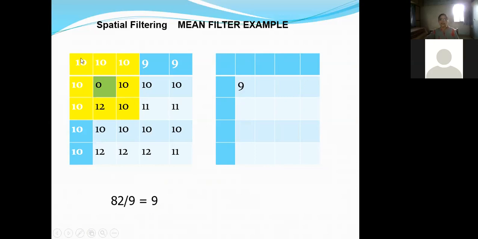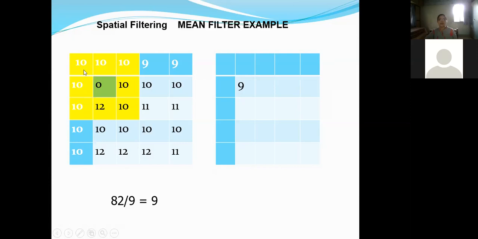As indicated here, initially we start with the very first pixel, which is indicated here in green. This is the pixel under consideration, and this is the mask, where your mask is aligned with the image area. So this is the 3x3 local region on which the mask is currently applied.